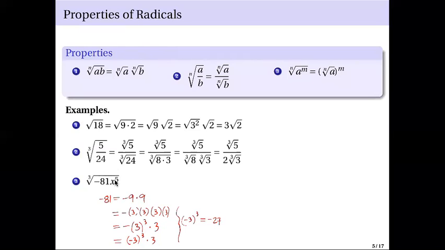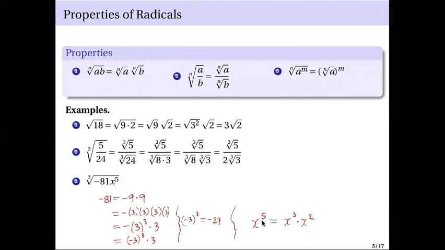Now look at this. X to the fifth power, and our index here is 3. So what we're going to do is write x to the fifth power as x to the 3 times x squared, because this is one of the ways to get the same index.